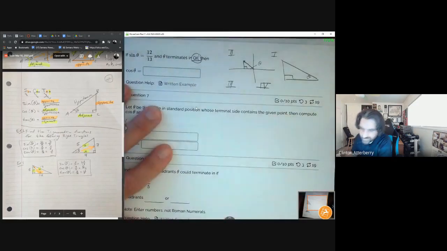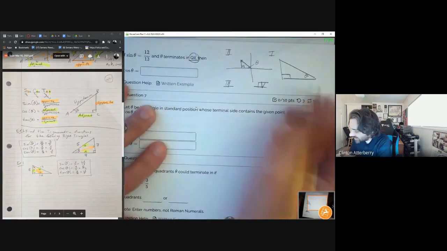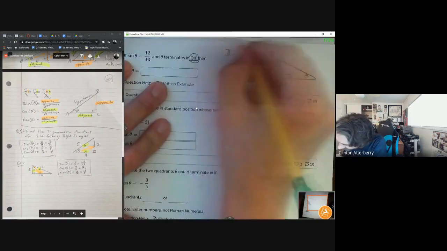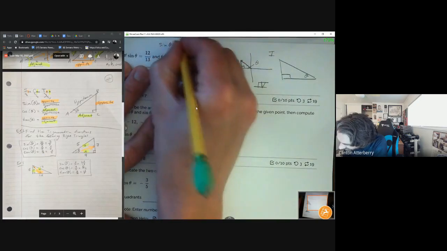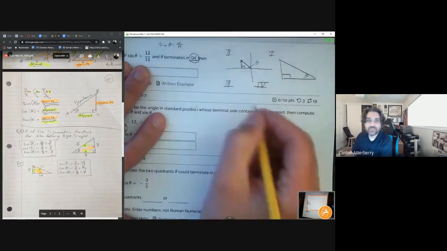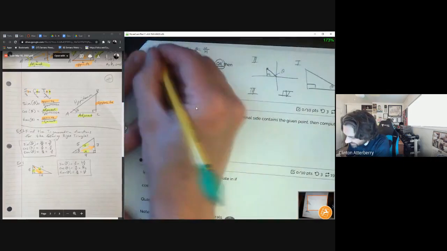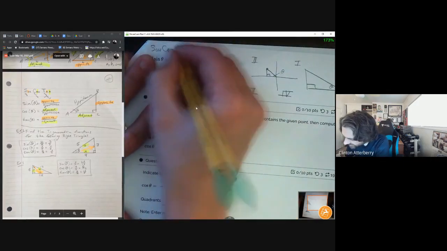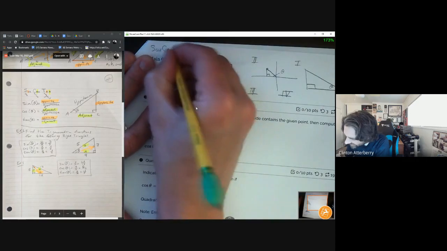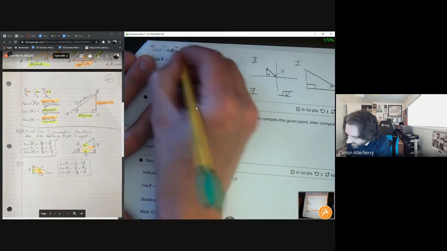So here's the easiest way of how to do that, right? Sine of any angle is the opposite divided by the hypotenuse. Okay, that's SOHCAHTOA. Sine is SOH, cosine is CAH, and then tangent was TOA.